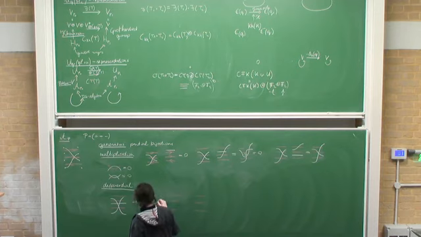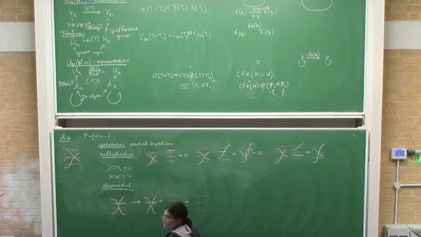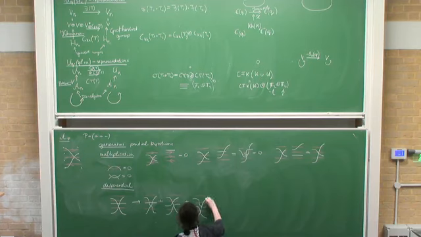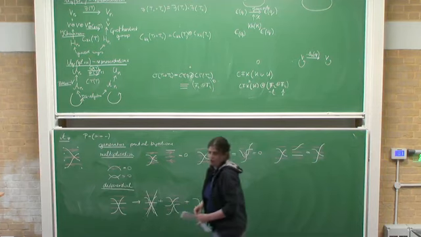I'm working over Z2. When I resolve that intersection point, I get this and this one. This one has the right dimension too. I'm killing it. So it's the sum of these two. This is how the differential goes.